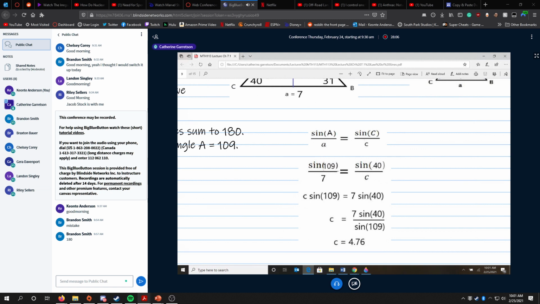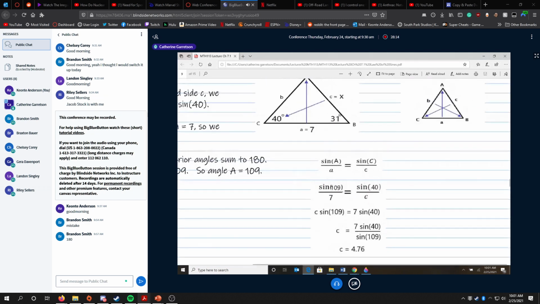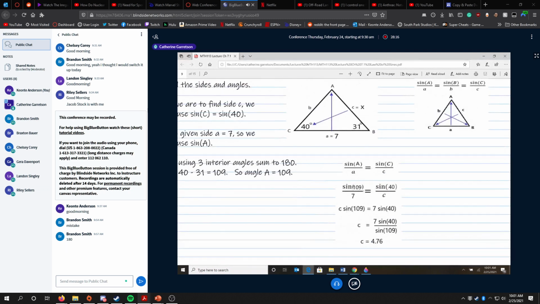The law of sines is not hard to use. I did want to tell you just a quick story. I've mentioned it before, and actually I had a student whose father was on the staff here, but his parents had been born in Africa.